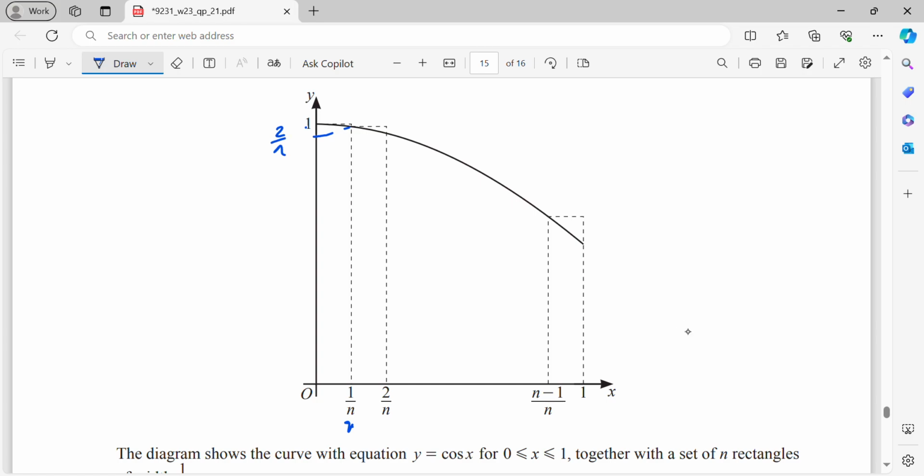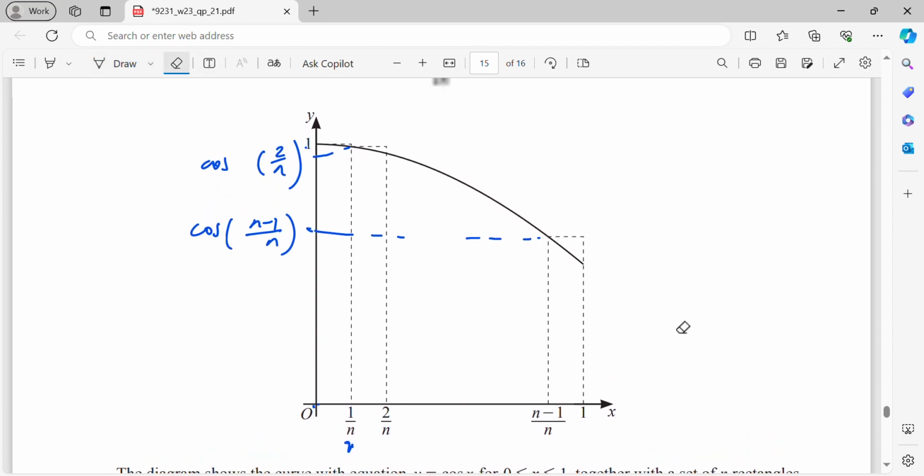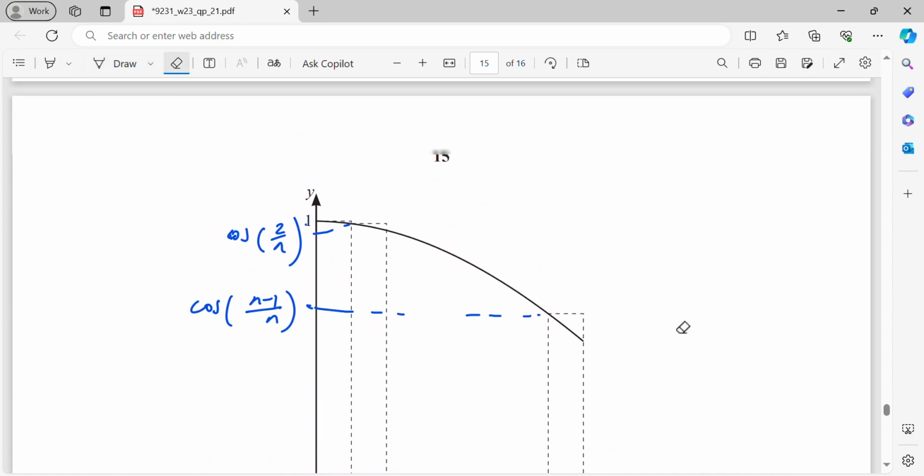Okay, or the height. This is going to be, following the first ordinate of the rectangle, 1 over n over n. This is a cos. This will be the height. Right? So then from here, I will say that it is 1 over n in common, then cos of the first ordinate of the rectangle.